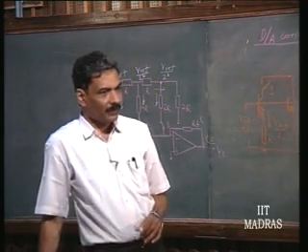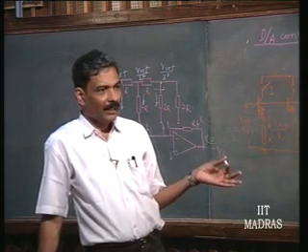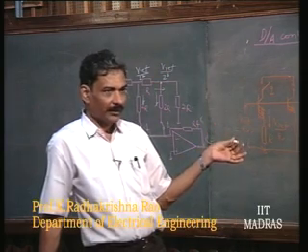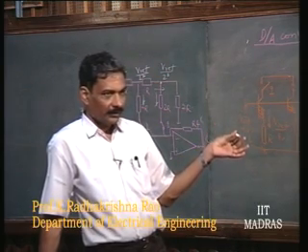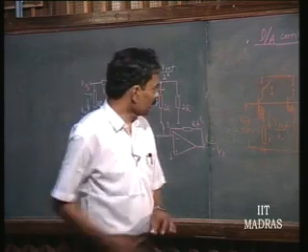In the next class tomorrow, we will go into how the same scheme can be obtained by replacing these resistors by capacitors, and the switched capacitor networks. There, of course, there is no question of current.